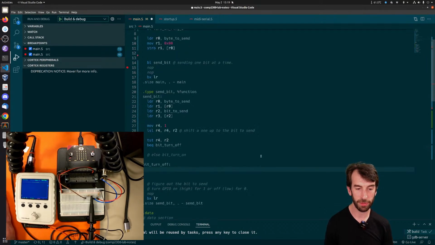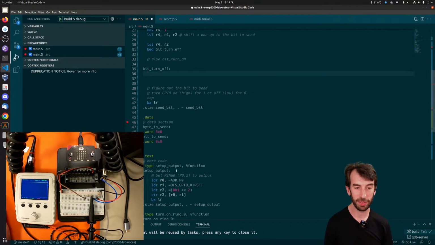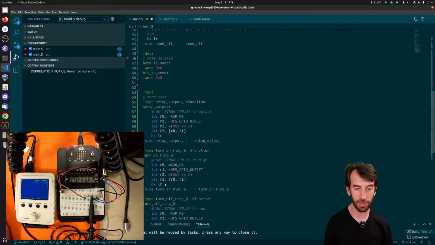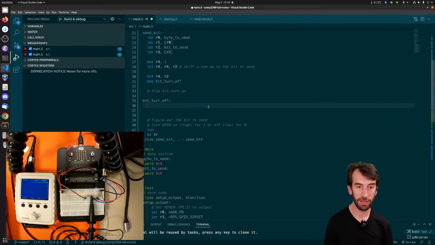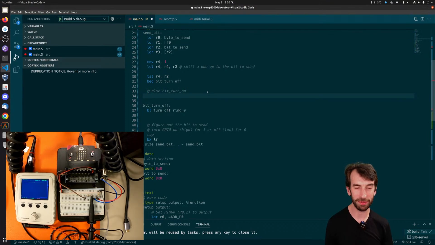Bit turn off, and I've already got my turn on ring 0, turn off ring 0. So if I want to turn it off, I can go turn off ring 0. And if I want to turn it on, I can say turn on ring 0.